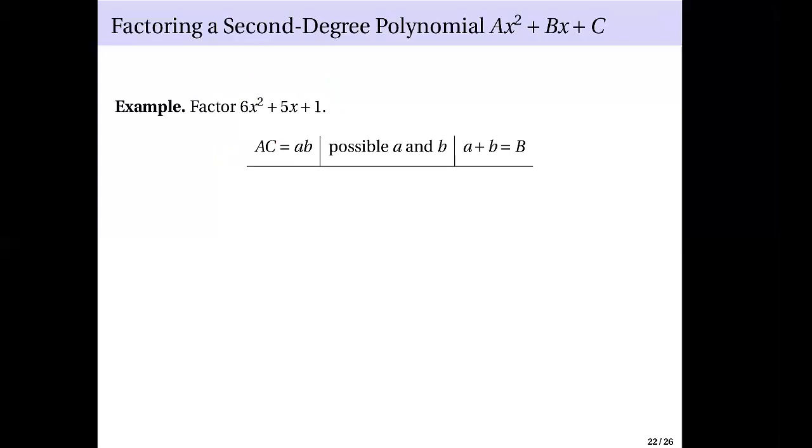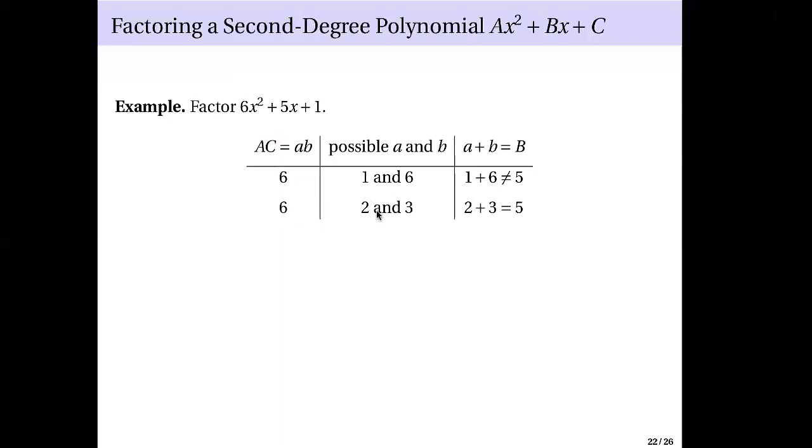So possible small a and small b: we have capital A times capital C, it's 6. So 1 and 6, because 1 times 6 equals 6. But here you have 1 plus 6, it's not equal to 5. So that's not the pair we want.